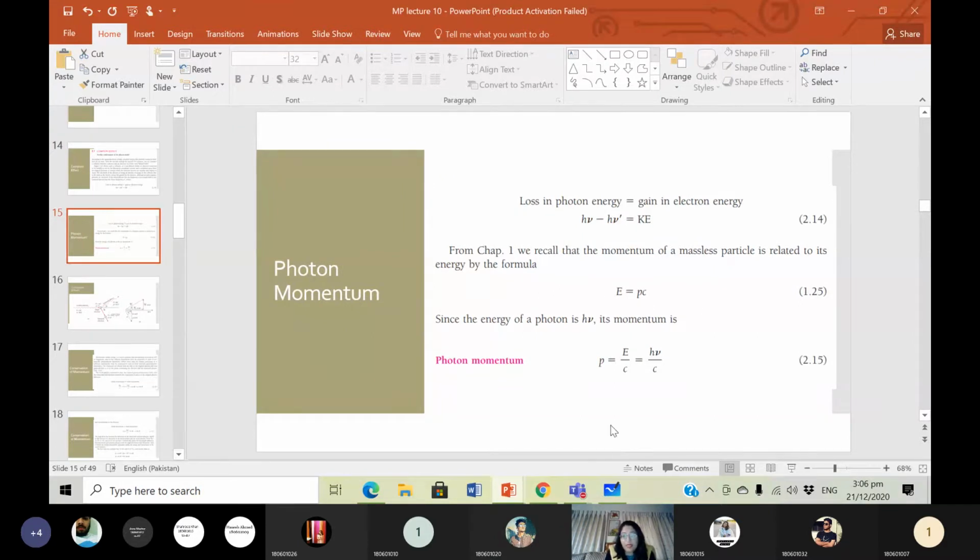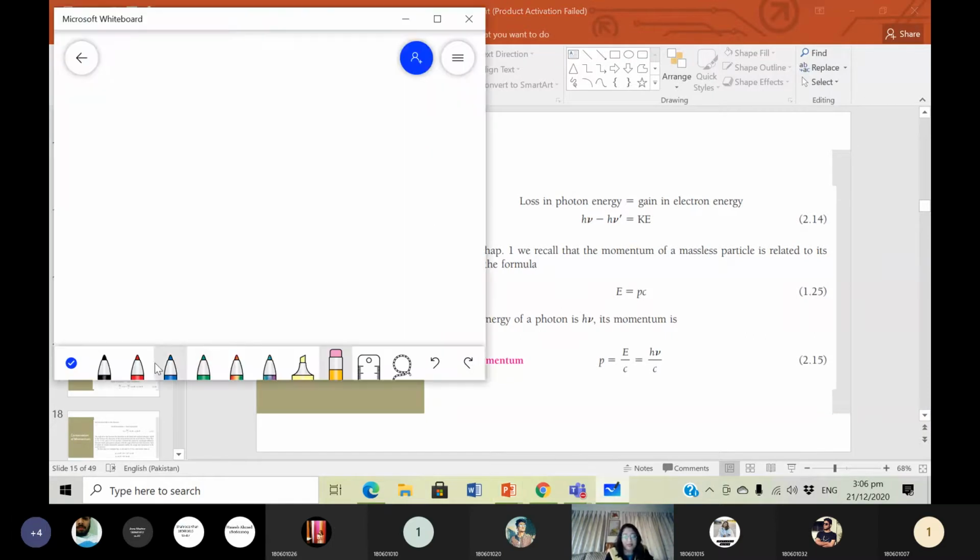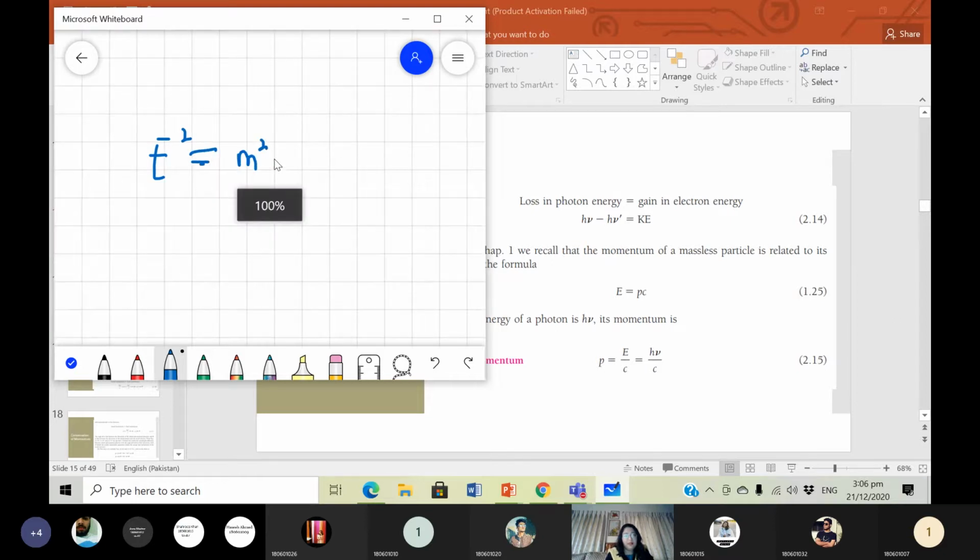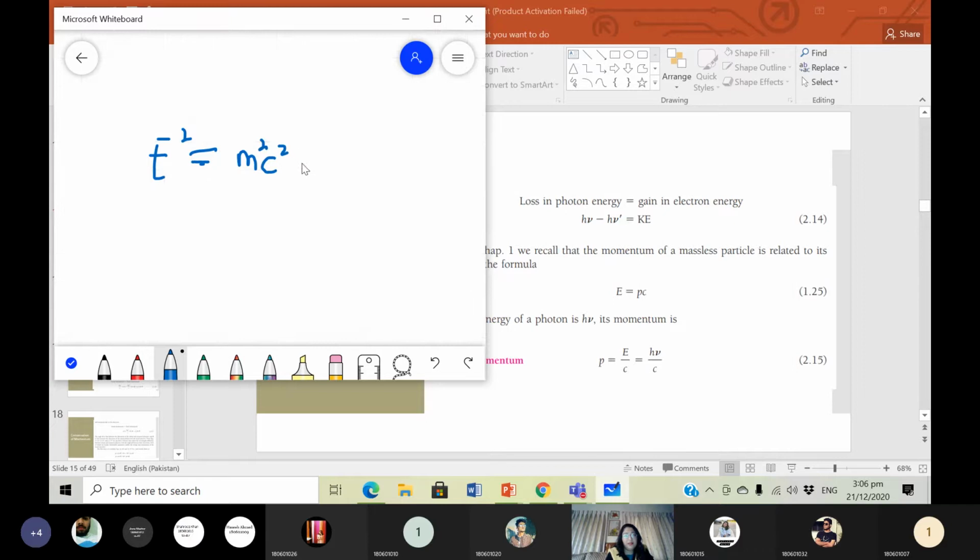So we have the relativistic formula, and here we're going to apply relativity as well. So if we have E squared, we know that in relativity E squared equals m squared c to the power 4 plus p squared c squared, right?